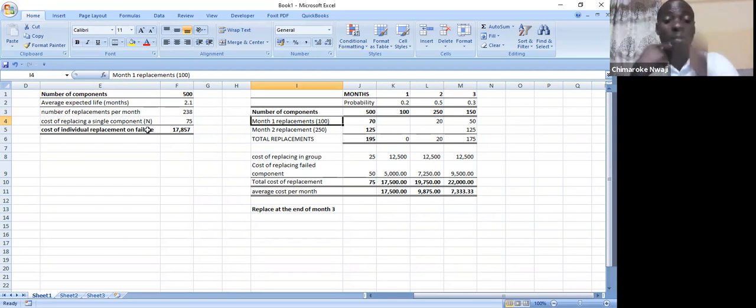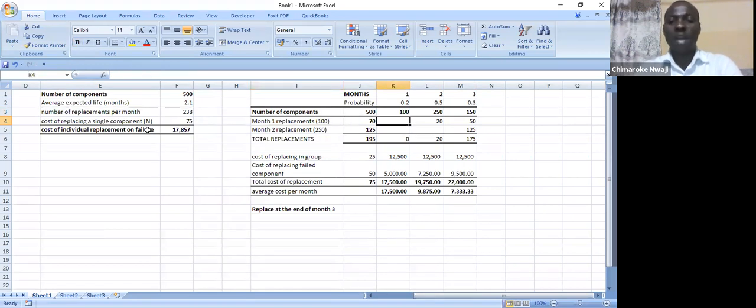Now, month 1 replacement. What does that mean? It means that at the end of month 1, 100 will be replaced. Now, if 100 is being replaced, what is the probability of that 100 being replaced?